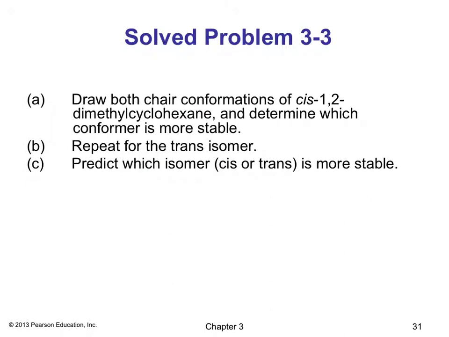So if we look at a problem in this case where we say draw both chair conformations of cis 1,2 dimethyl cyclohexane and determine which conformer is more stable. Repeat for the trans isomer and predict which isomer, cis or trans, is more stable.